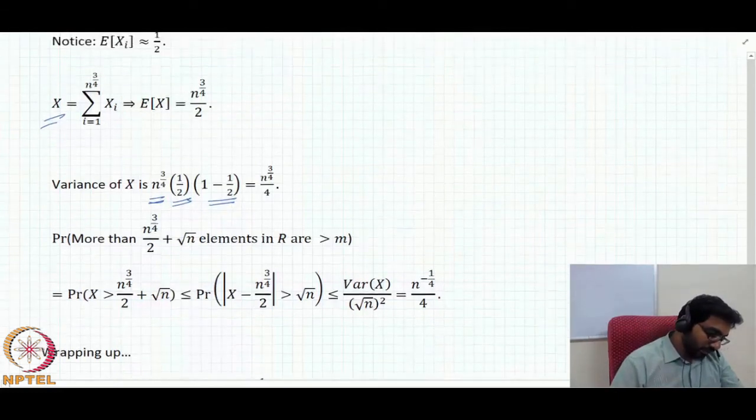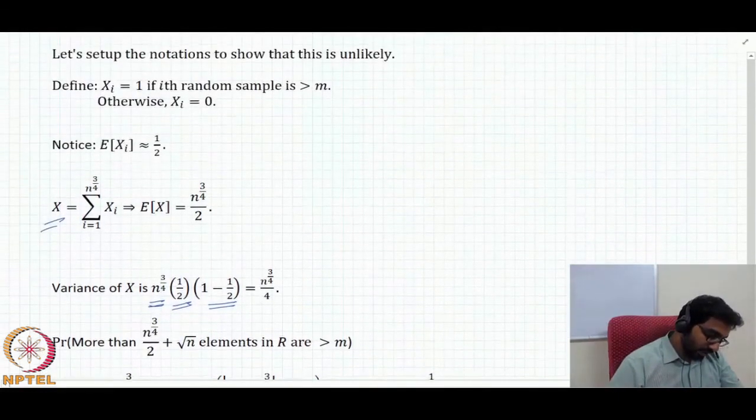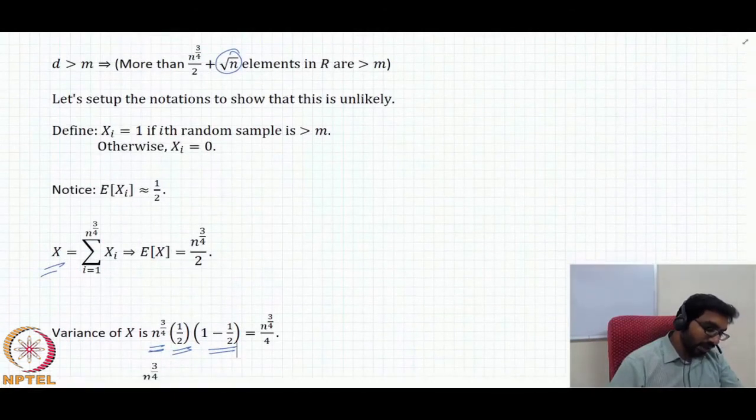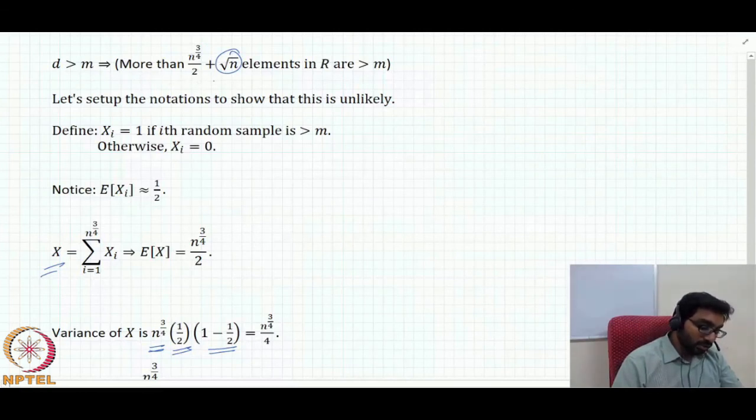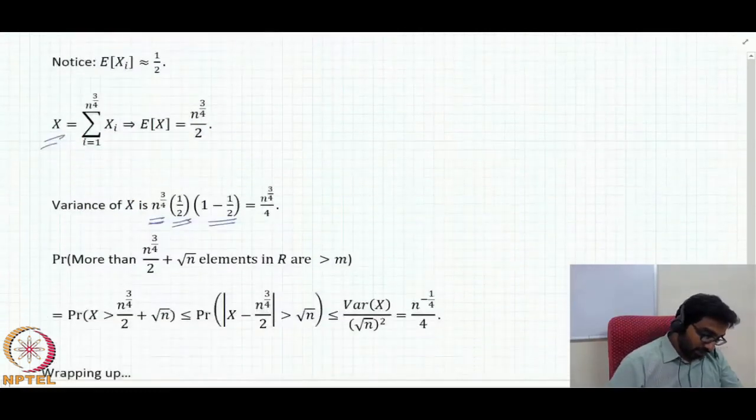Now let's remind ourselves what the bad event is that we're trying to show is unlikely. We're trying to show that the bad event, that more than n to the 3/4 divided by 2 plus square root of n elements in R are greater than M, is small.